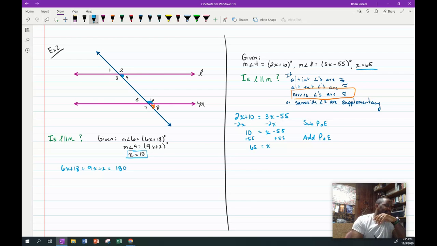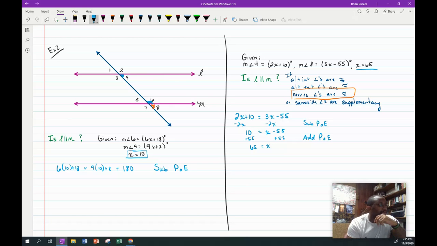Or another way they did it, and I'm going to do it the way they did it in the book. The way they did it in the book is they said, all right, well, let's go ahead and plug 10 in. So you've got 6 times 10 plus 18, all of that plus 9 times 10 plus 2, and all of that should equal 180 degrees by the time we're done. And all we did was use the substitution property of equality.